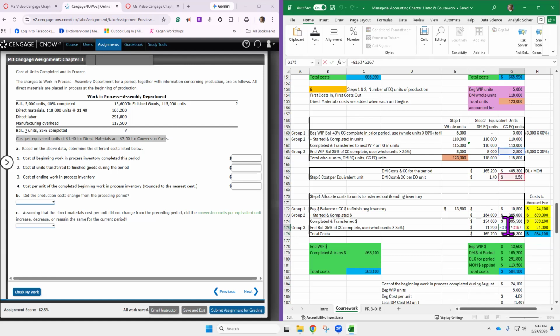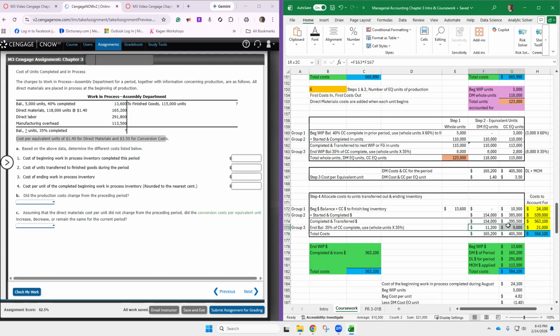Then we take 2,800 times $3.50 of conversion cost per equivalent unit, and we can add across. You can highlight this and find out that it's $21,000.